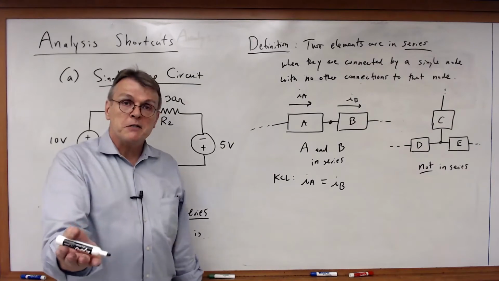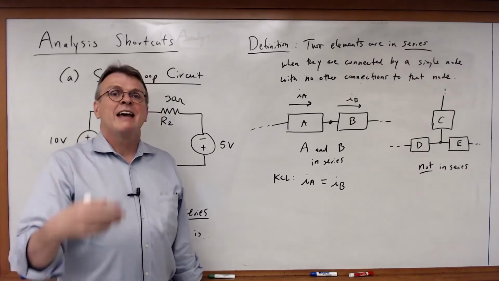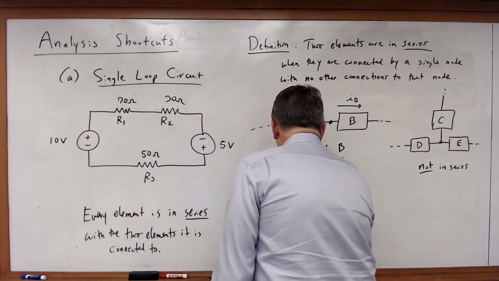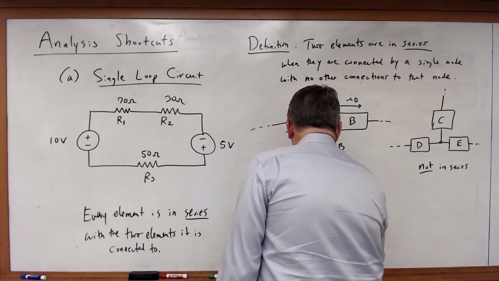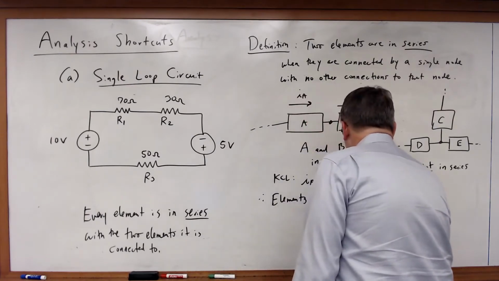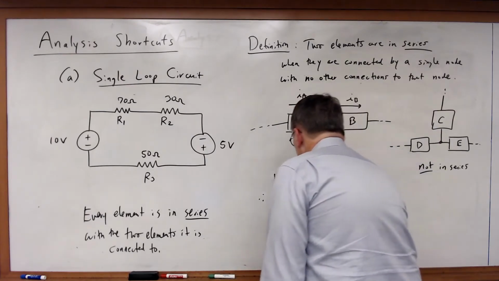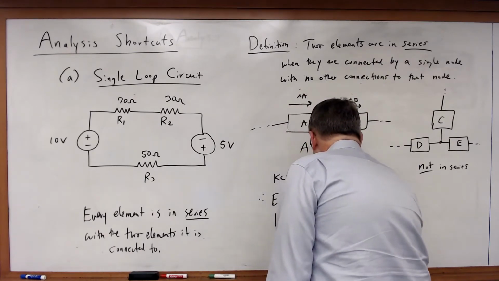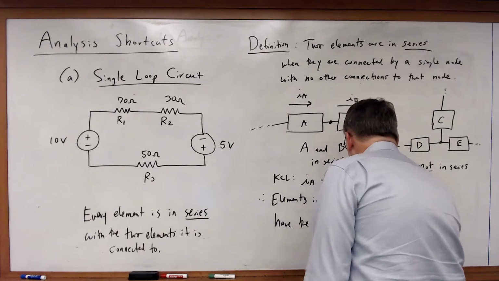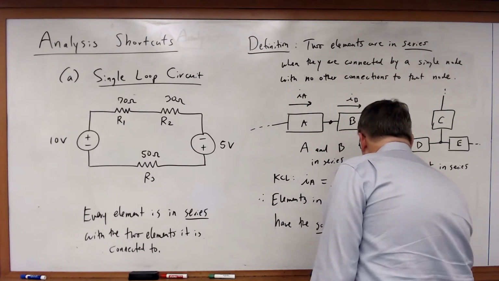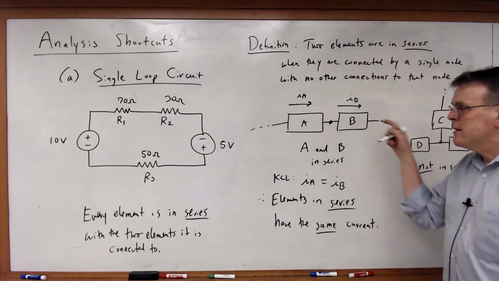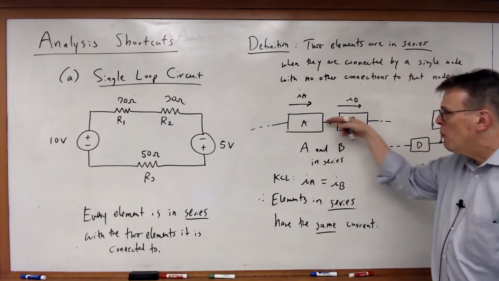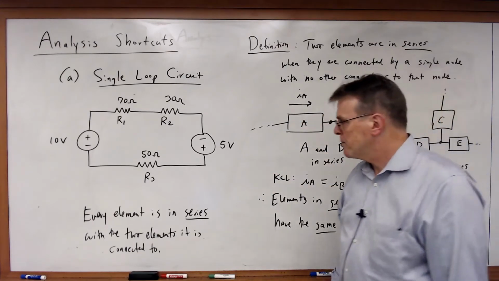The conclusion is that when elements are in series, they must have the same current. So by inspection, I know this to be true. I don't need to write a KCL equation at that node. There's only one possible path for current to flow.